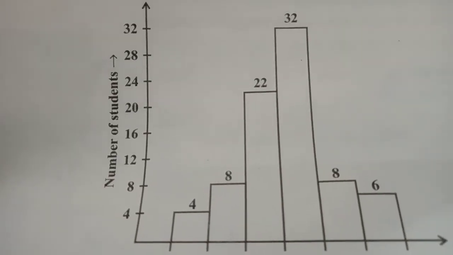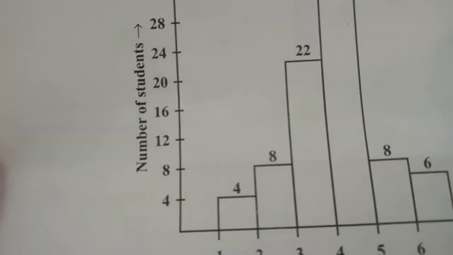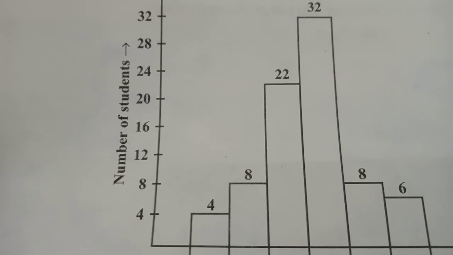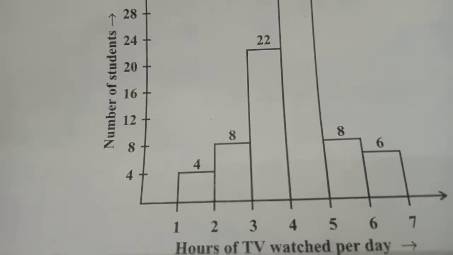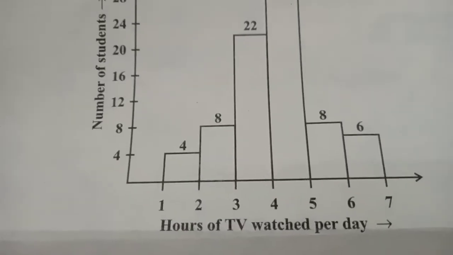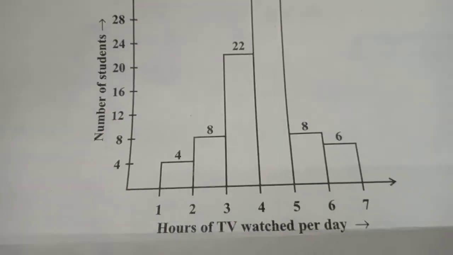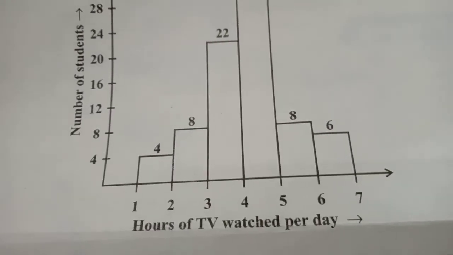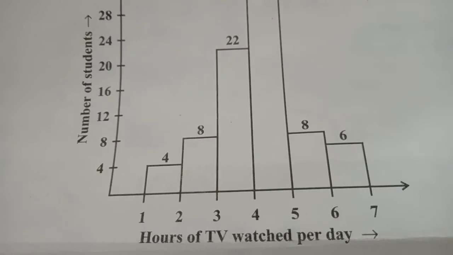One more important point: a histogram is used only for continuous class interval data. Look at this picture. There is some information: hours of TV watched per day and the number of students watching TV.